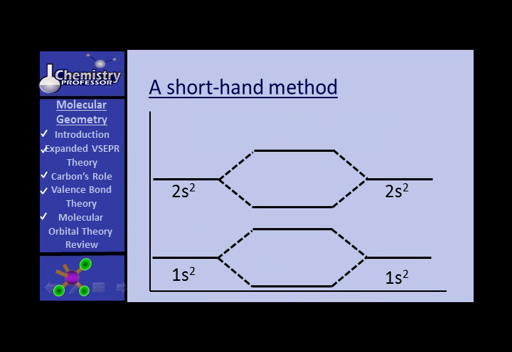I'm going to show you a shorthand method. Look at this. This is just a generic thing here now. Suppose we happen to have 1s2, 2 atoms, they have an overlap. The 1s2 overlaps, forms a bond and an antibond. And we have a shorthand method of denoting it.